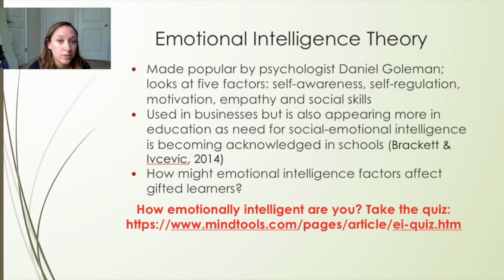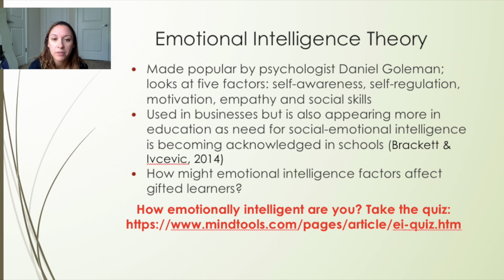So our research was framed around emotional intelligence theory, and this is a theory that was made popular by a psychologist named Daniel Goleman. It has roots in other theories, including Gardner's multiple intelligences, but it was kind of made popular in the mid-90s by Daniel Goleman. And he looked at 5 factors, which were self-awareness, self-regulation, motivation, empathy, and social skills.